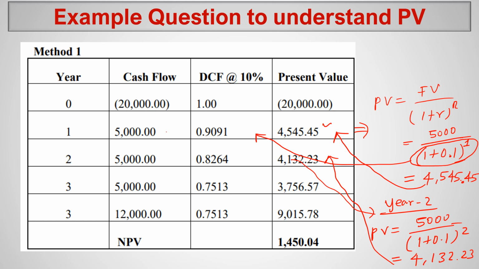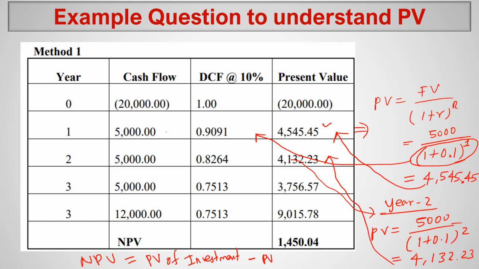Then we add all the present values to find the net present value. So the investment is always minus, or you can simply say net present value equals present value of revenue minus present value of investment. The investment is always at present value, so no need to worry, unless we are partially investing at different times. Usually most of the investment we make in the beginning.